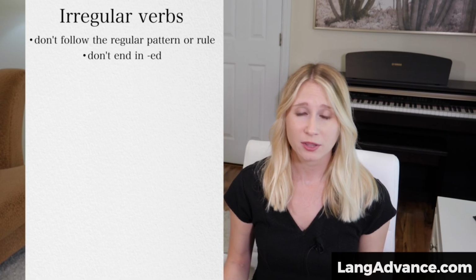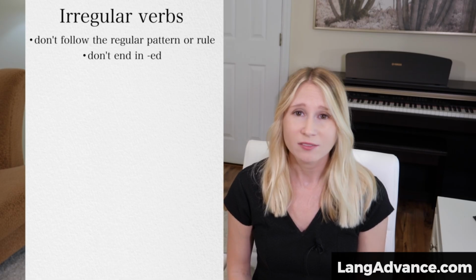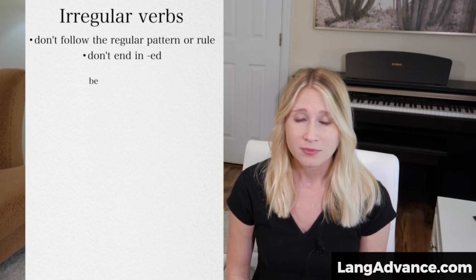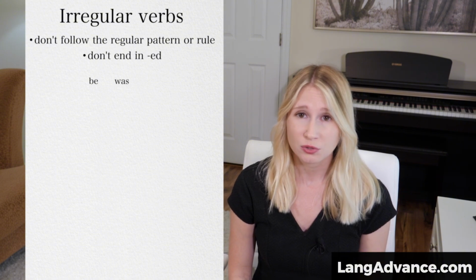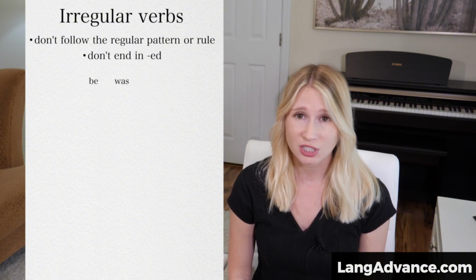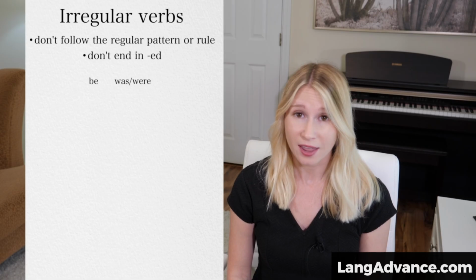The first irregular verb is used a ton in the English language, and that verb is be. The past tense of be is was, which is used for I, he, she, and it, and were, which is used for you, we, and they.